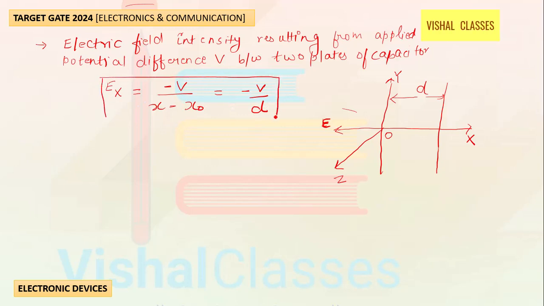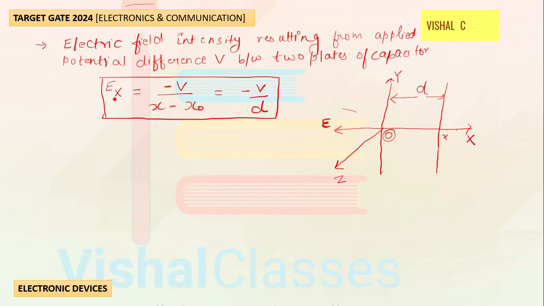I am not deriving this, only writing this formula. Suppose this point is X, X minus X naught, and the potential is V. Since I am considering the electric field in X direction, I have substituted the minus here.